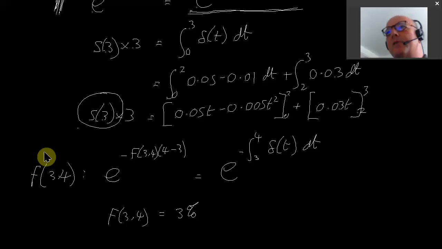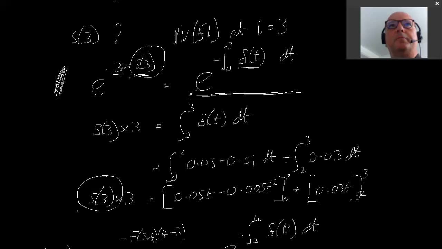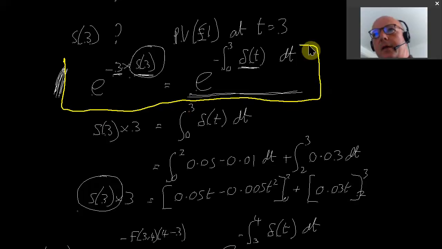I think it's the interaction between the instantaneous forward rates and the spot rate that is key. So there's one relationship to really get your head round. It's this one here. This is the key thing.